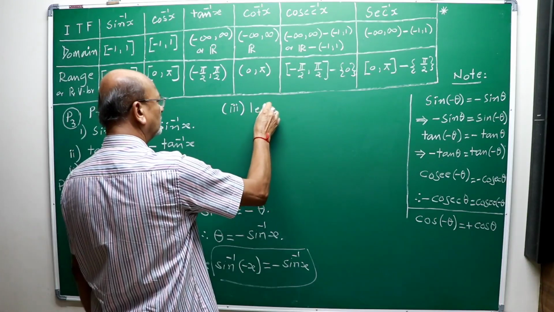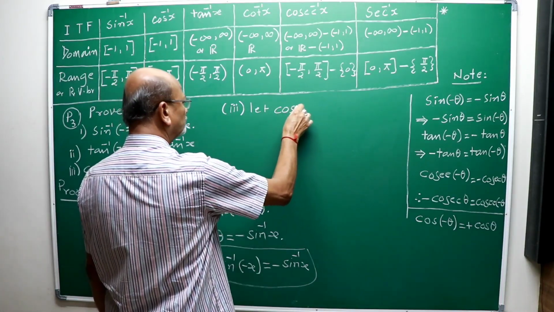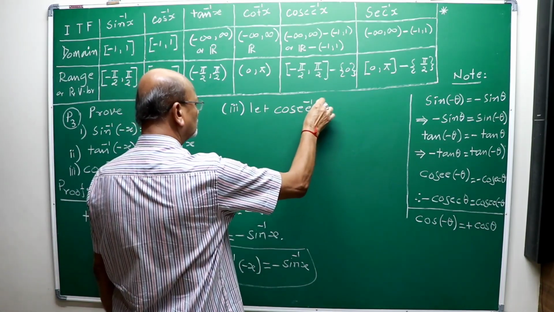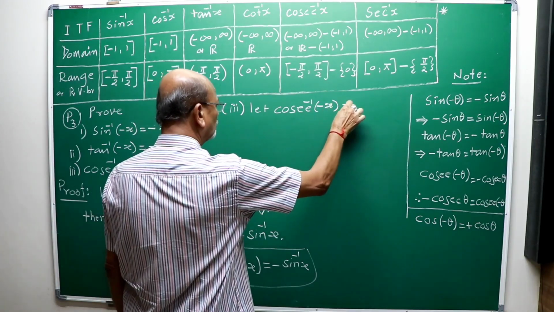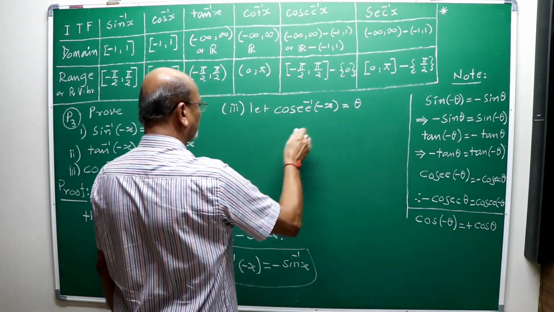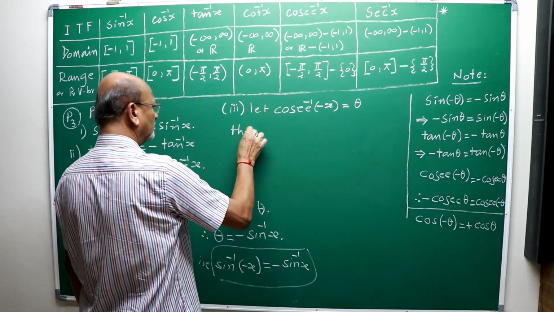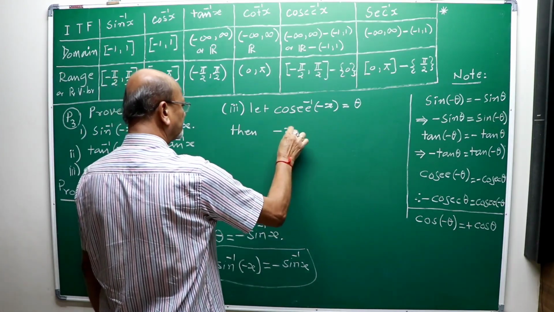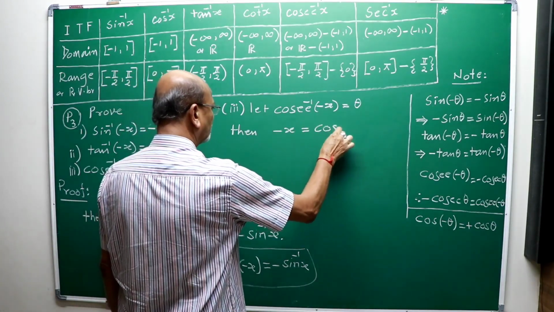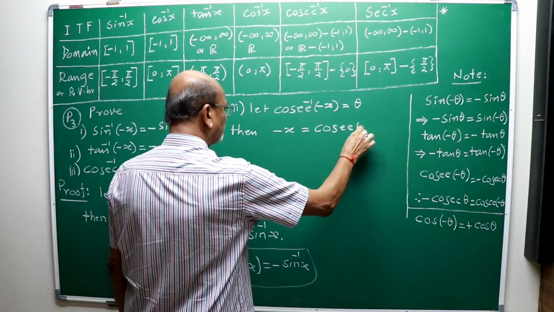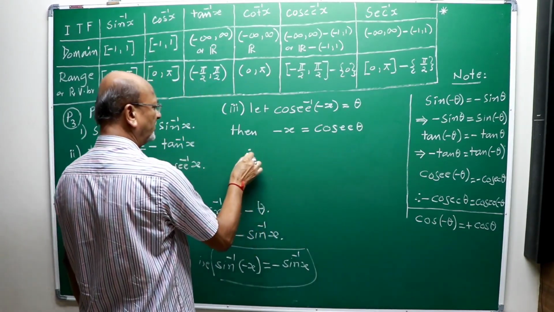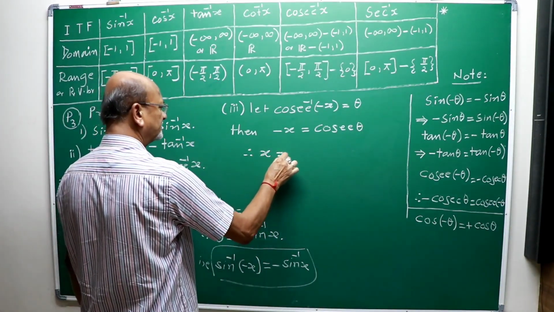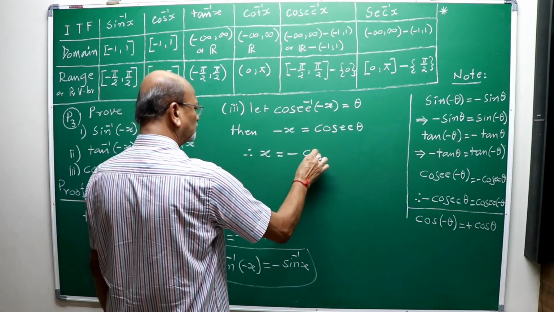Let cosec inverse of minus x equal theta. Then minus x equals cosec theta. Therefore, x equals minus cosec theta.